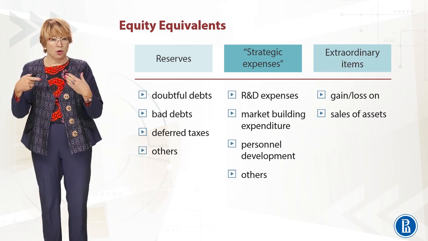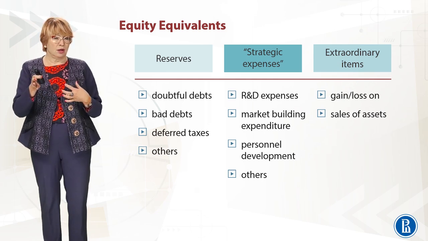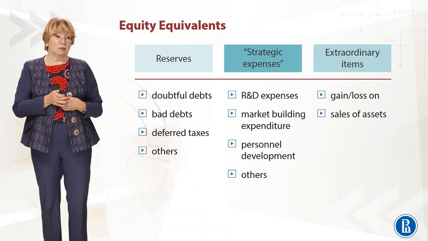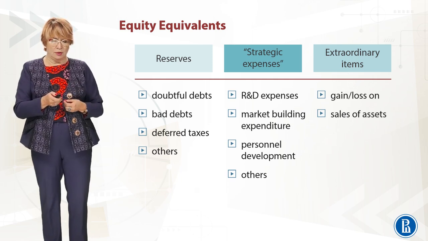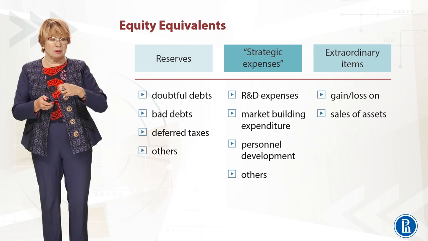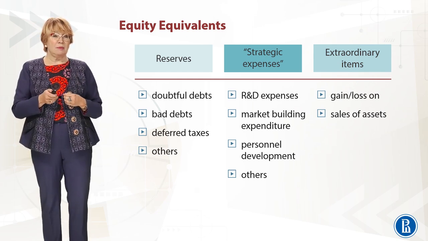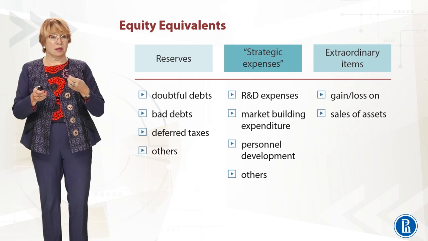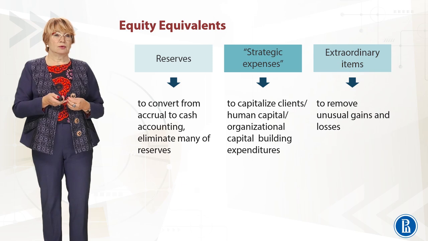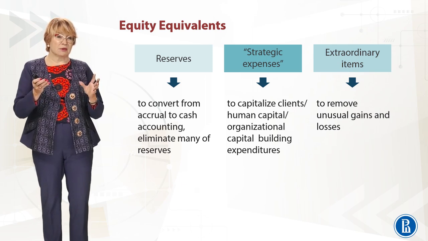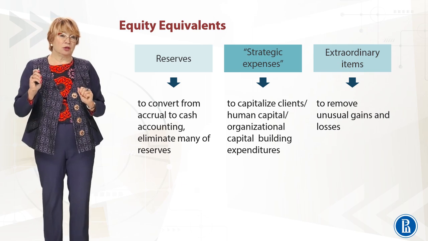Then for the purpose of economic value added calculations according to the Stern-Stewart model of economic profit, you should capitalize them. You should interpret them as if they are investments in your client's capital, in your human capital, or in some other components of your intellectual capital. So the equity equivalents are rather different. And the most important part is strategic expenses.